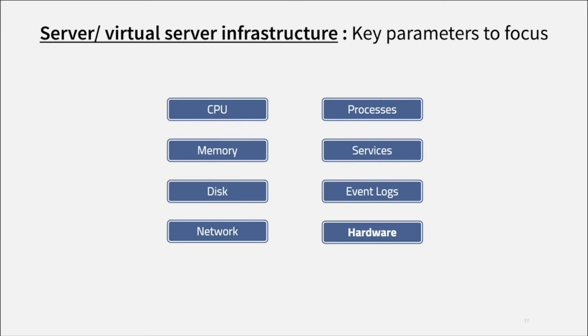And the network details can help us identify where the problem exists, whether it exists on the network front or on the application side or whether the problem exists with the server.